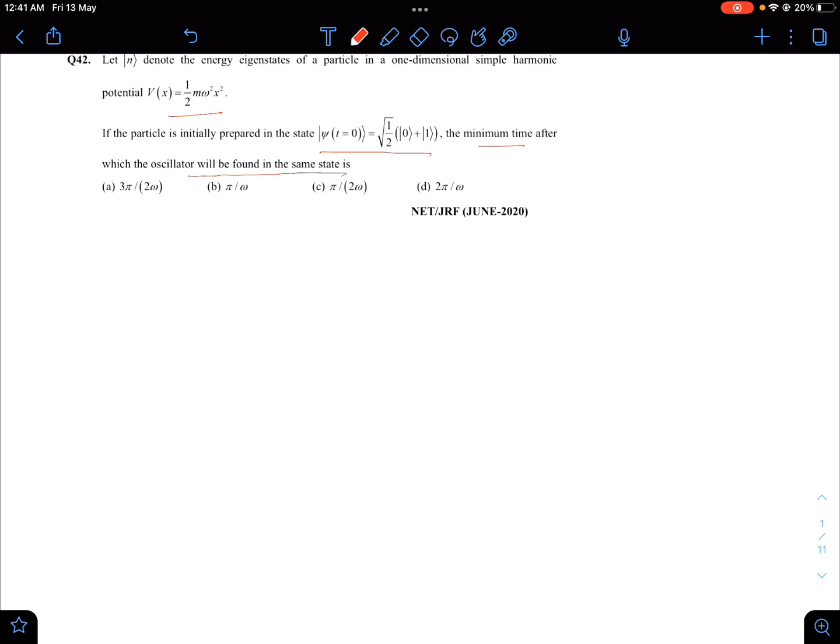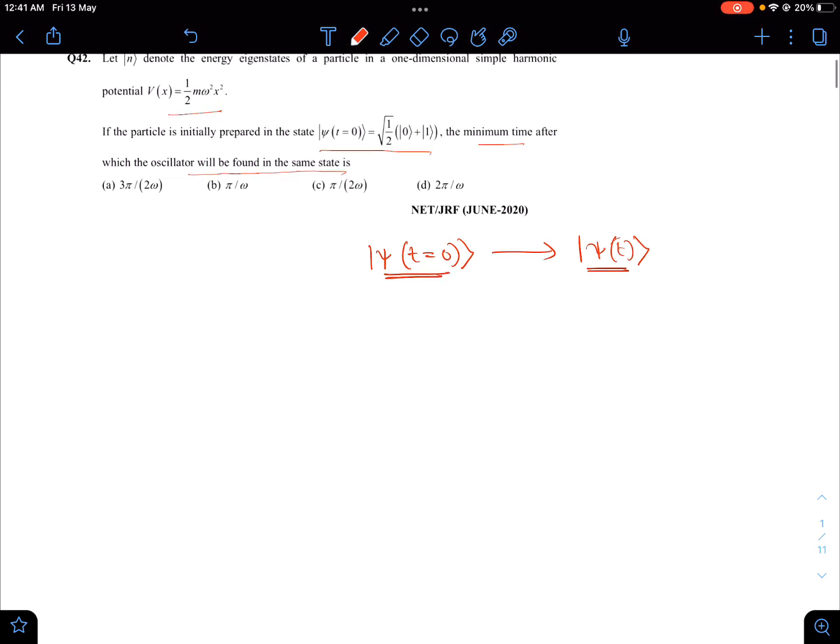Suppose the time is t. At time t equal to 0 we have some state, and after time t it will evolve and have a state psi t. Suppose that minimum time is t.